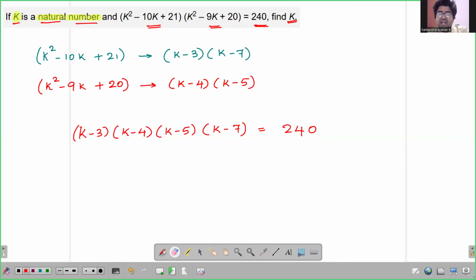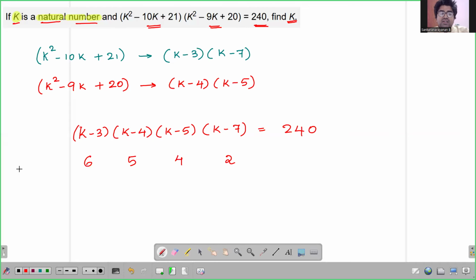Let me see what will happen when I put k equal to 9. 9 minus 3 is 6, 9 minus 4 is 5, 9 minus 5 is 4, and 9 minus 7 is 2. Let us take the product here. 5 4s are 20, 20 into 6 is 120, 120 into 2, yes, I am getting this value here as 240.